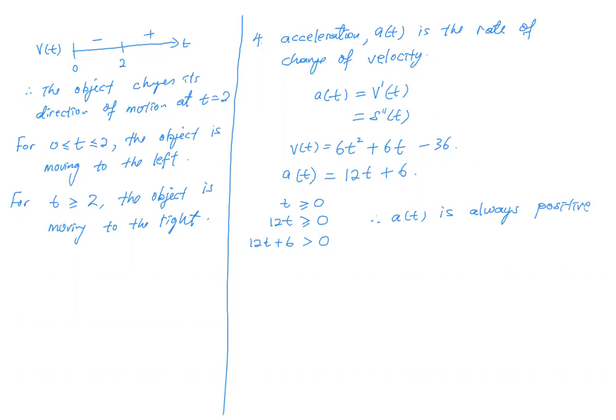So if a(t) is always positive, this implies that the velocity is always what? Increasing. If the velocity is always increasing, does it imply that the acceleration is always increasing? And does it imply that the speed is always increasing?